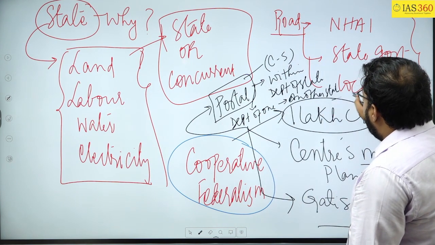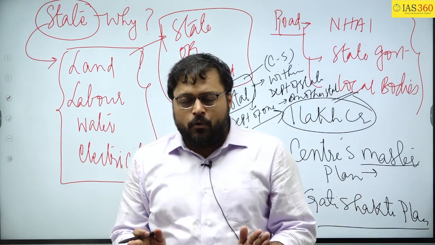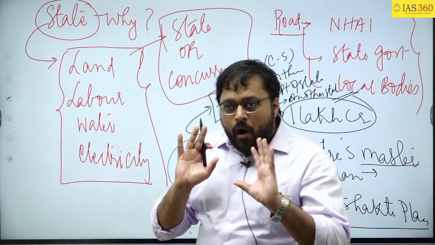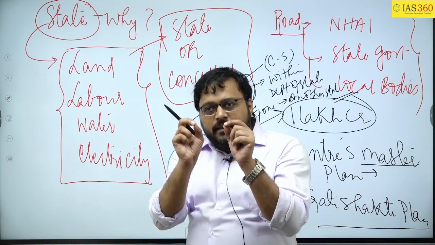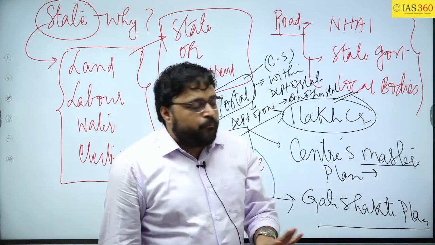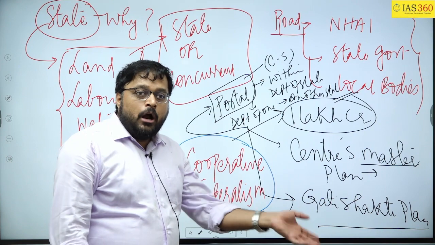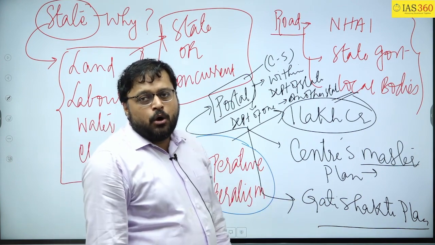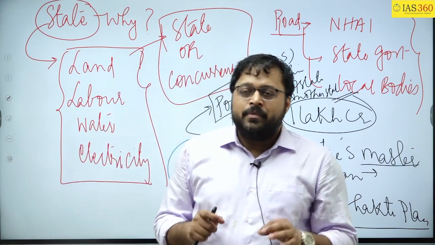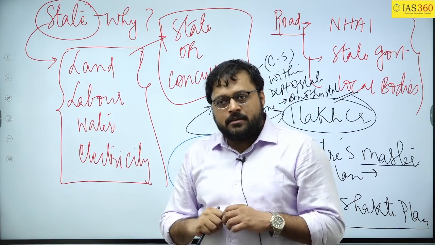So in this way, it is ensuring cooperative federalism. So here we have understood why cooperative federalism is key for the success of the PM Gati Shakti plan, and what points have been mentioned in the plan to ensure smooth coordination between the center and state. So this point is very important, which I have discussed with you.